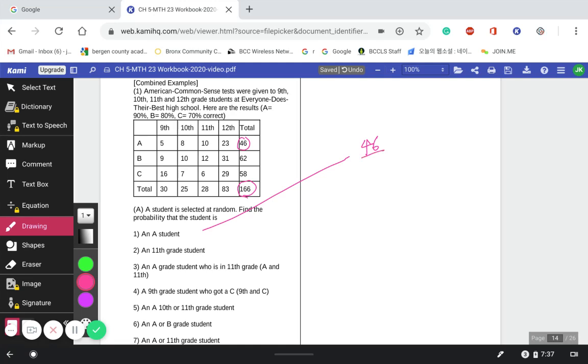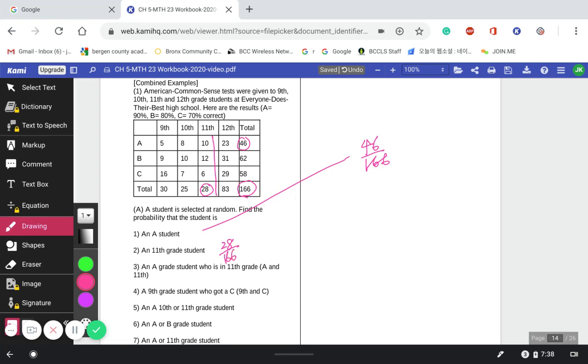Okay, 11th grade. The total for 11th grade is 28, so I guess it's 28 out of 166. An A grade student who is in 11th grade. So they are asking for A and 11th grade.